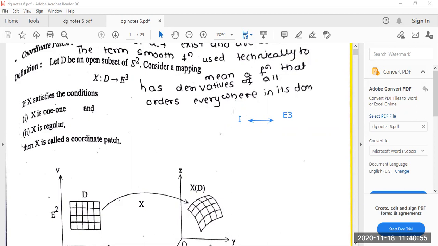But now the open interval I, which is a subset of R, is replaced by an open set D, which is a subset of R2. So here we have moved from a real line to an R2 plane, a 2D plane.